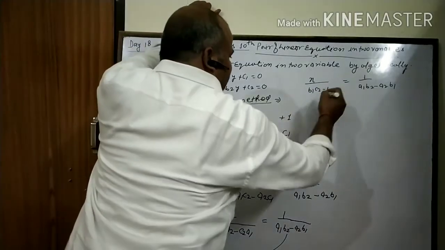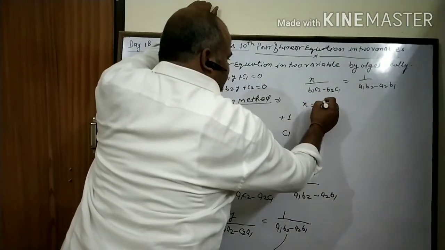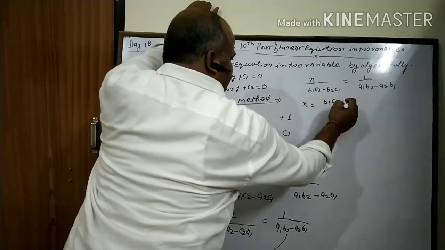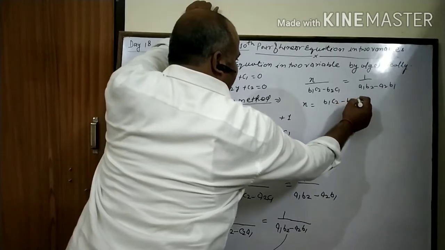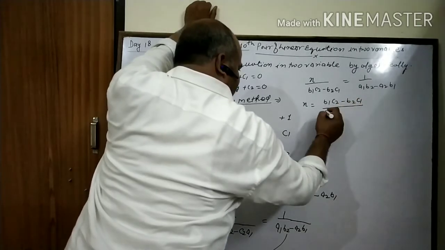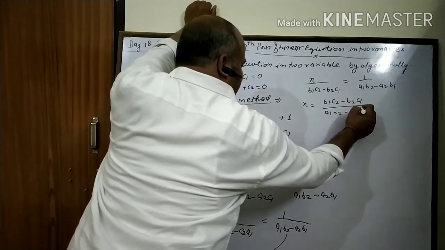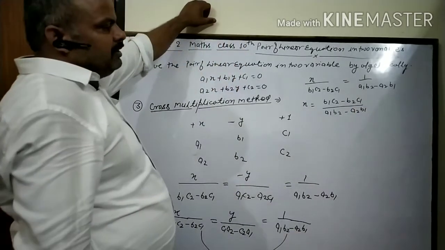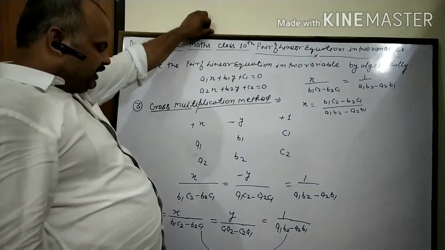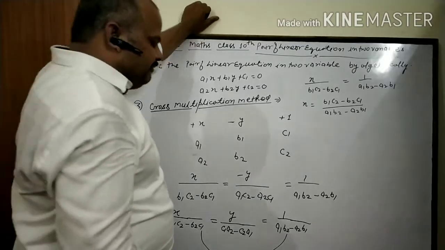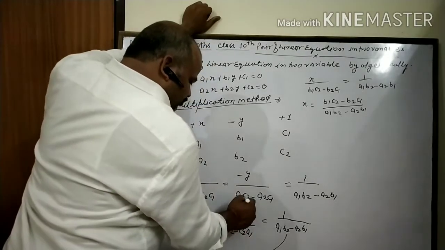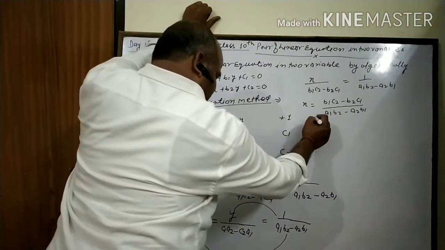If you cross multiply, then x is equal to b1 c2 minus b2 c1 upon a1 b2 minus a2 b1, clear? In the same way, you can find the value of y.